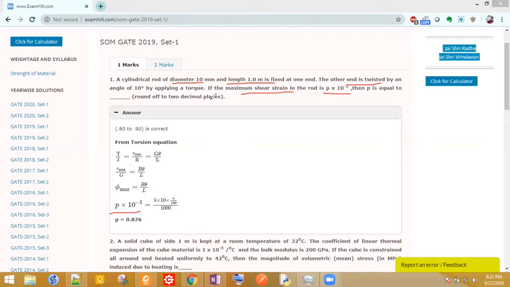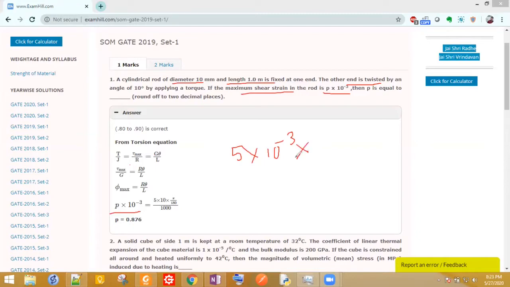You can take either meter or mm, but let's consider meter, the SI unit, so that everything will be standard. So 5 mm means 5 into 10 to the power minus 3 meter. R we have.